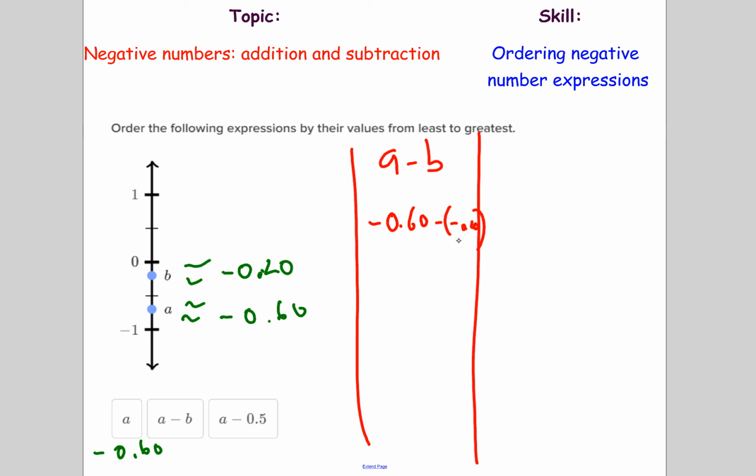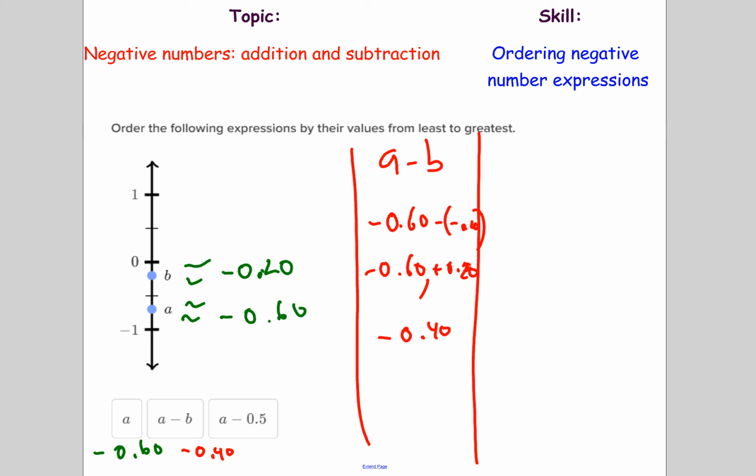So if you think about it, that's a double negative. So this is negative 0.60 plus 0.20, which is equal to, more negatives than positives, negative 0.40. So that's what this expression comes out to be, negative 0.40.